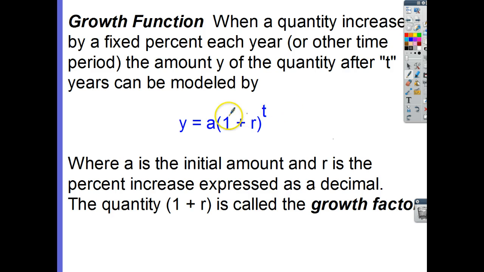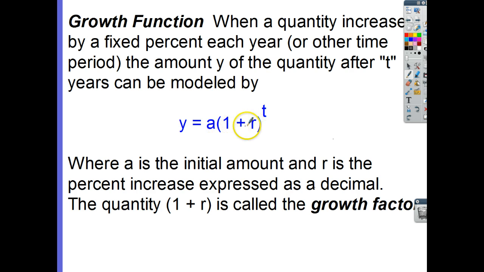It said that we had a positive A and that this base was a number greater than 1. Think about this. If R represents an increase, a percent, this number would never be negative. And if you're adding that to 1, that's our base, being raised to the t power, this B, by the way we set it up, can never be less than 1, and it can't even equal 1 because this is a percent of increase. It's got to be positive.